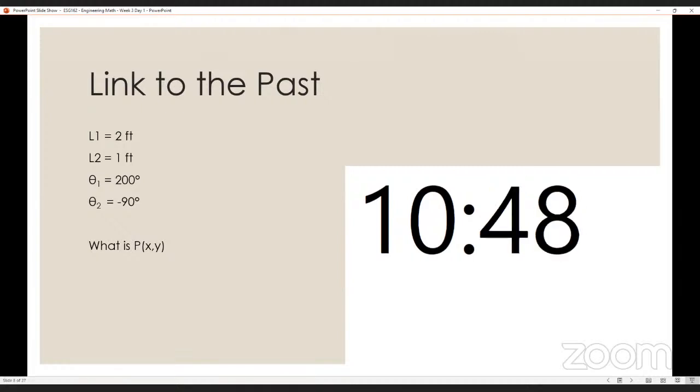It'll be down here, not up there. But negative 90 would also be 270 degrees, which would be straight down? Yeah. Okay. So you just have it flip. Yeah.